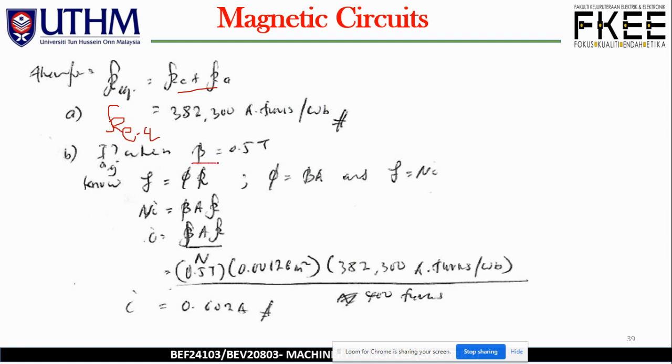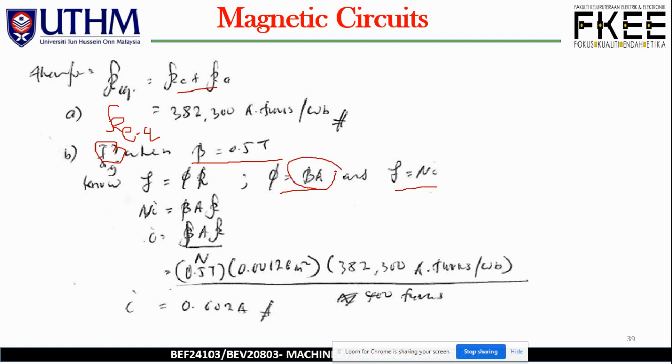when flux density equal to 0.5 Tesla at the air gap, so what is the required current to be injected, I? Okay, so knowing that F equal to flux phi times R, and then we have phi equal to BA, and F equal to NI.